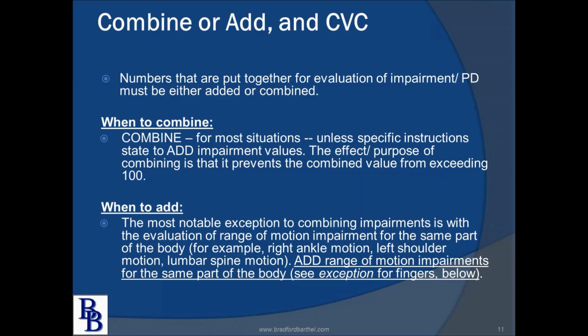I'm going to talk about it here in a couple more slides, and it kind of has its own set of rules that we'll reference again in a couple more slides. But in general, other than with range of motion for fingers of one hand, we add impairments for doing range of motion. We combine most of the other times.